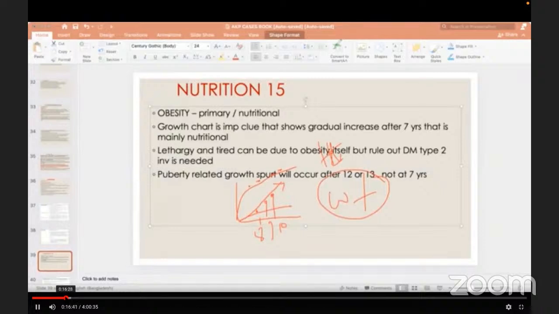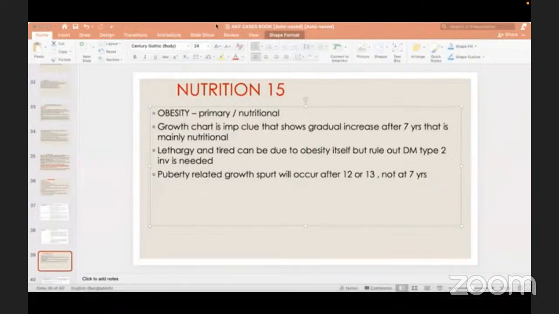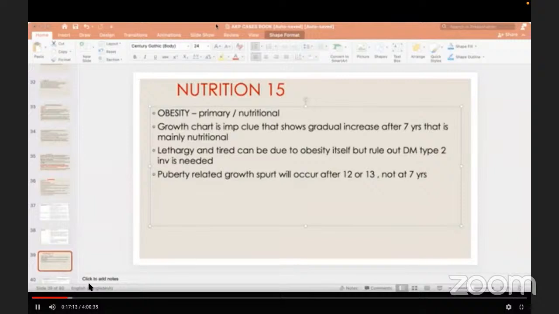Pubertal growth in a boy does not start from 8 years. At 8 years the child will not have more than the 90th centile weight. It is not possible. So this child is not a growth spurt. In a pubertal growth spurt he will not be so obese. So this child has high weight and height. This is called nutritional obesity.